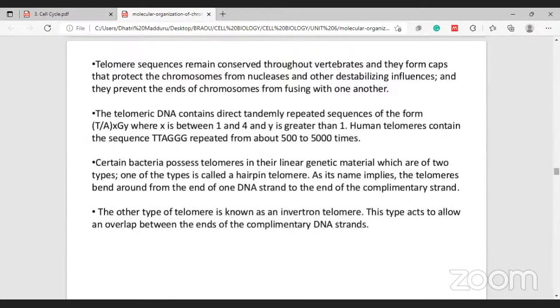These telomeres are conserved throughout the vertebrates, and they are like caps on the chromosomes that protect the chromosome from nucleases and other destabilizing factors. It also prevents the fusion of the ends of chromosomes. Telomeric DNA consists of tandemly repeated sequences. Tandemly means it is repeated one after the other, like ATGC, then ATGC.